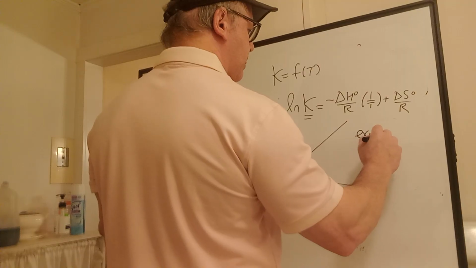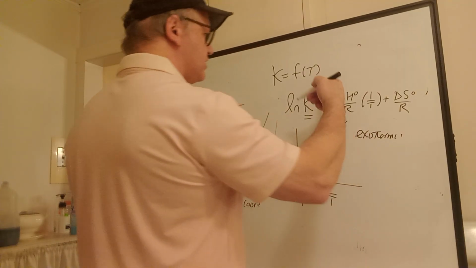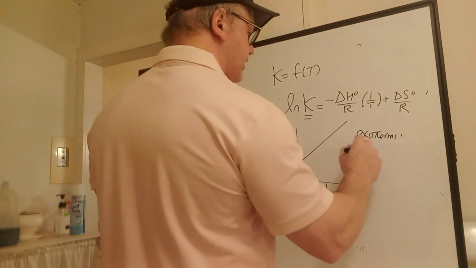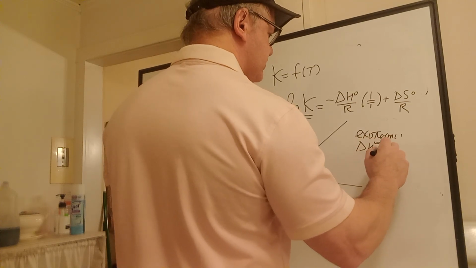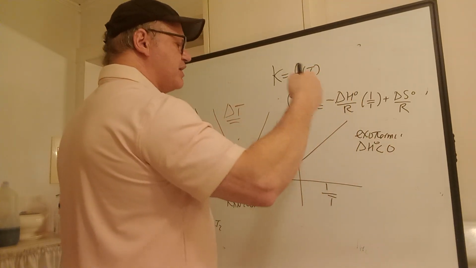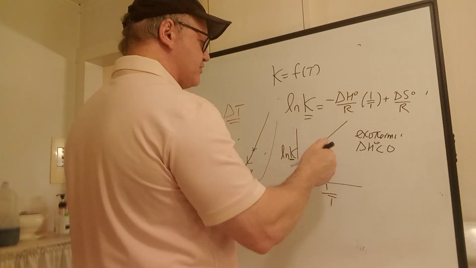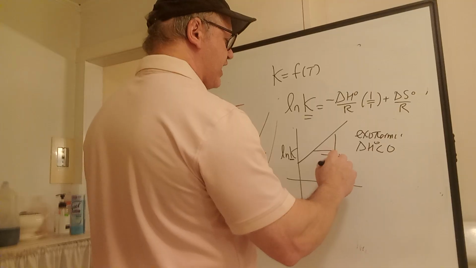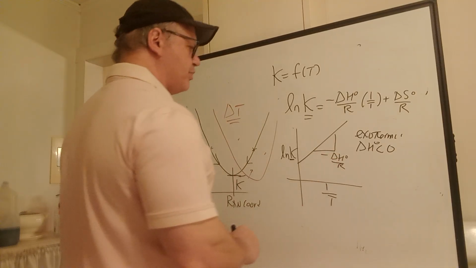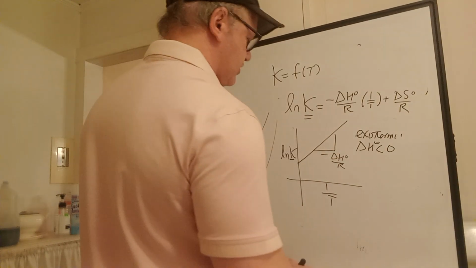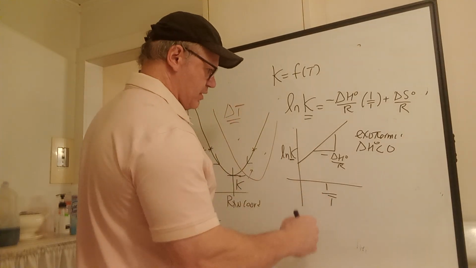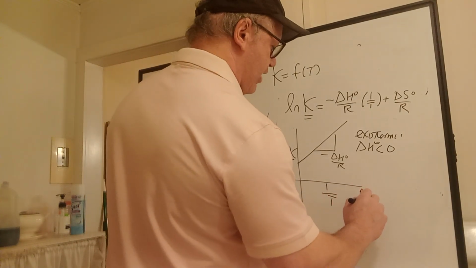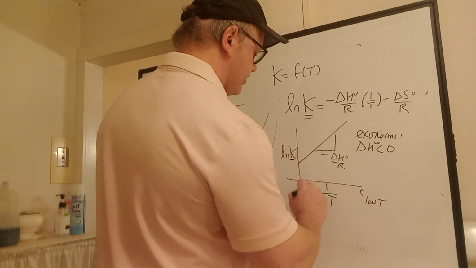Why do I know that? Because when it's exothermic, delta H itself is less than 0. A negative of a negative gives you a positive, so you have a positive slope. The slope is negative delta H naught over R. So this is exothermic. Now look at this. This is 1 over T. Here's low T out here, and over here is high T.